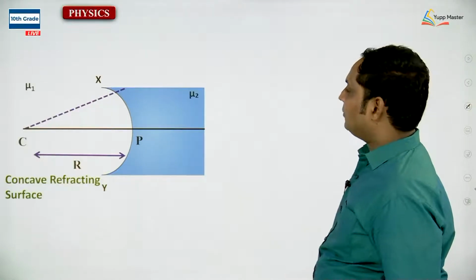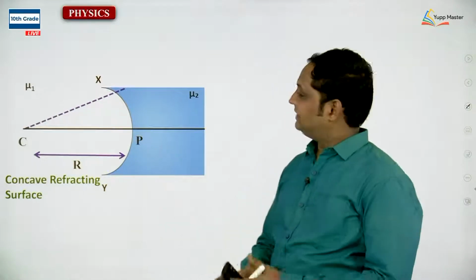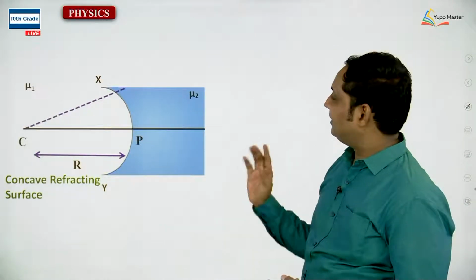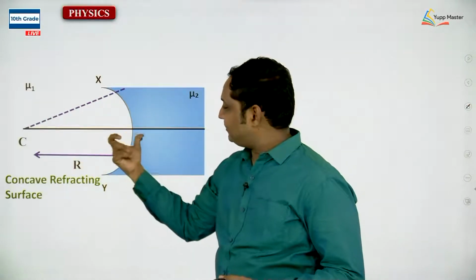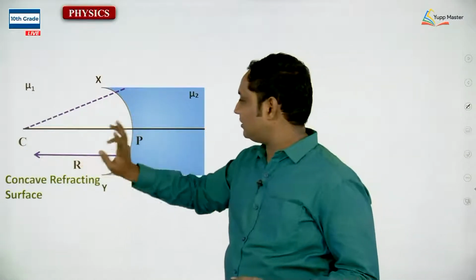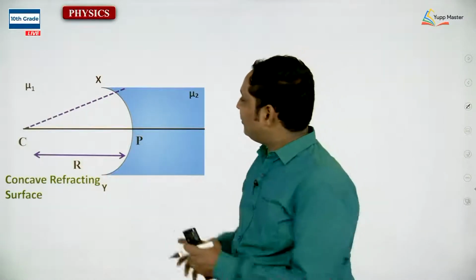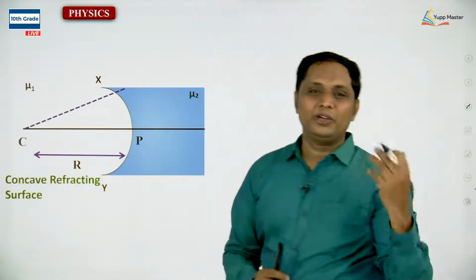Yeah. We are going to take C as the center of curvature. So the distance between the pole and the center of curvature is going to be R, the radius of curvature. So it is the imaginary part where we complete the sphere.